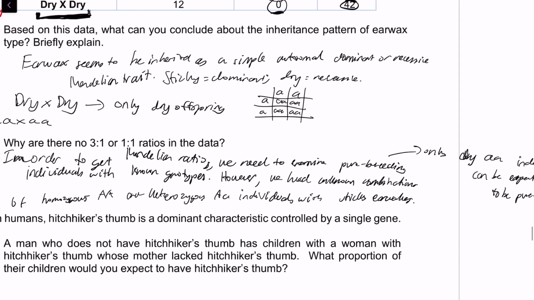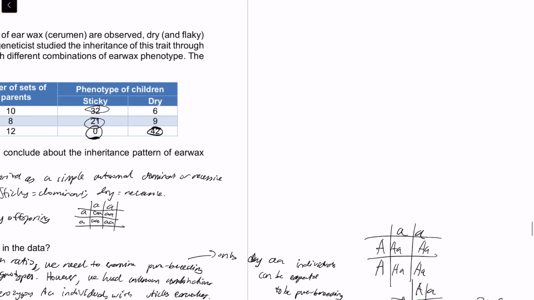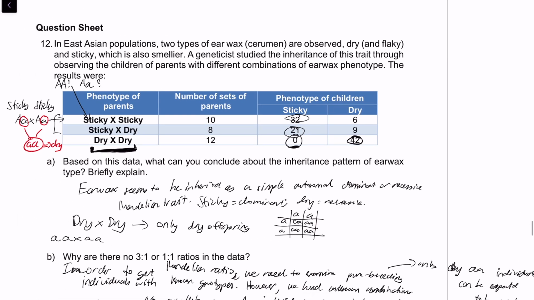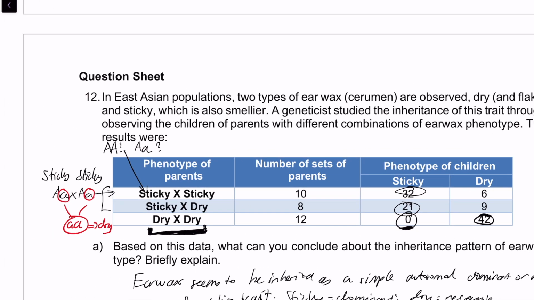But because we don't know the actual genotype of the parents, we can't definitively have a consistent 3-to-1 ratio, okay? This sticky, again, can either mean homozygous dominant for the sticky allele or heterozygous for those alleles.